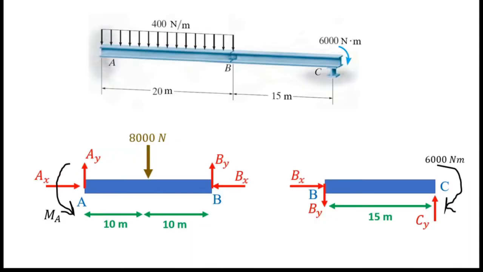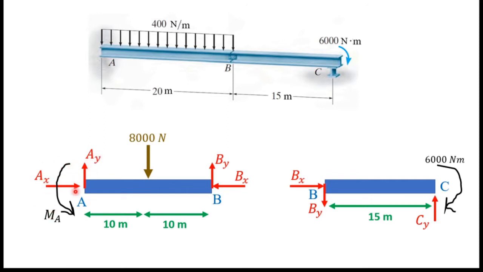First we have to recognize the support conditions, and they say A is a fixed support. When we have a fixed support, we usually mark three components, which are two force components and one moment component. So I wrote them here: AX, AY and MA.